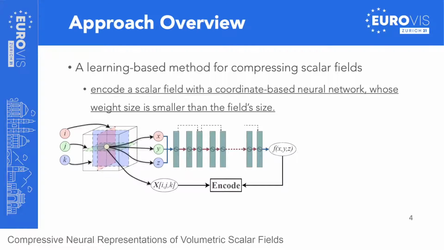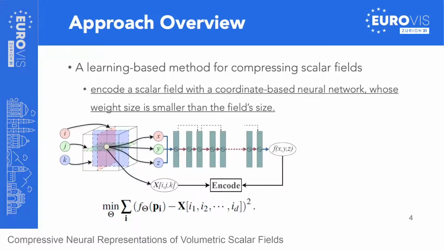During the encoding step, we encode a provided scalar field with a coordinate-based neural network, where the network is tasked with predicting the field's value x indexed by ijk. More formally, we aim to minimize the following mean squared error loss, where pi is a sample point in the volume.